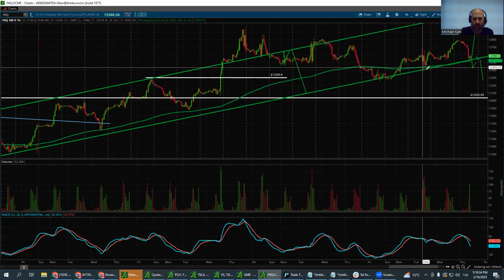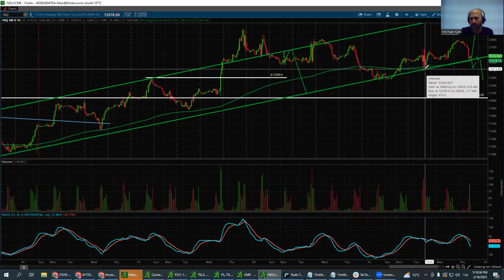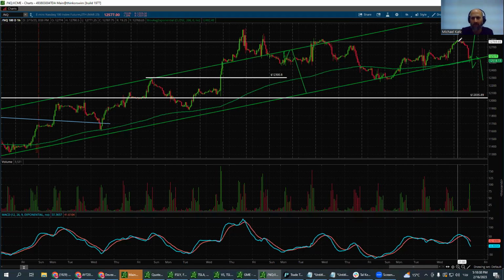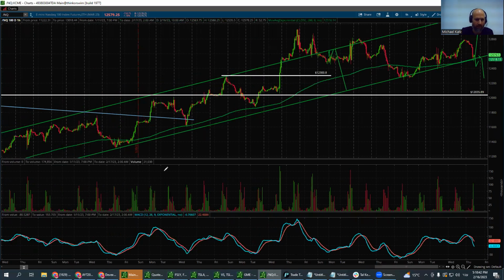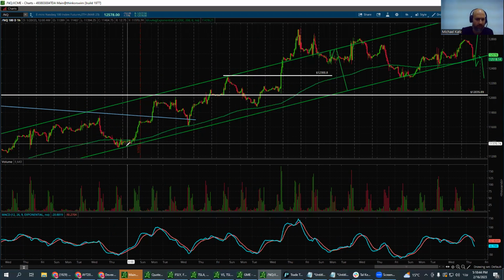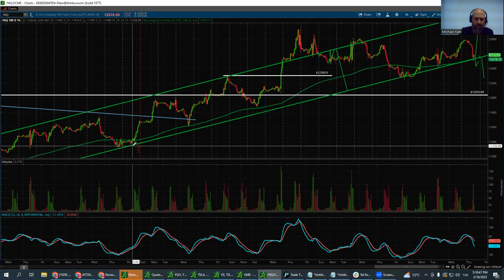Then again, we touched the trend line or the channel, did move up, but not too much. So we're not seeing those movements as we saw in the previous times that we touched the channel. So the buyer's wave or trend looks a bit weaker.